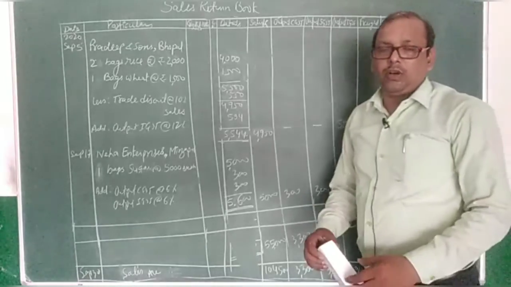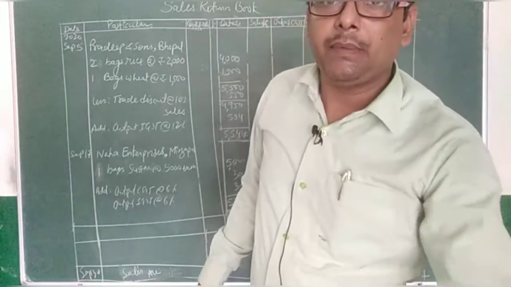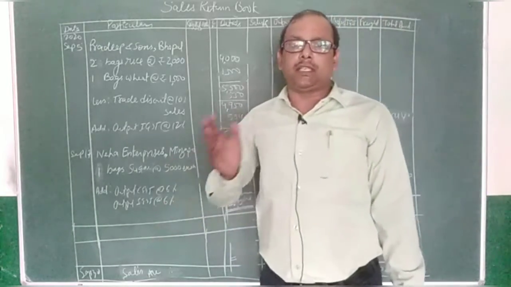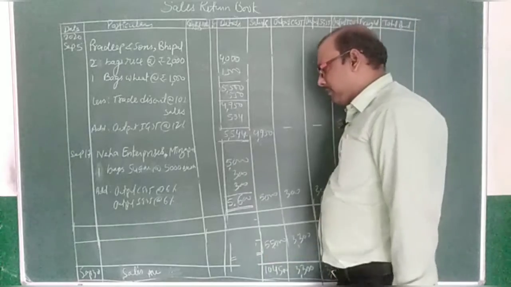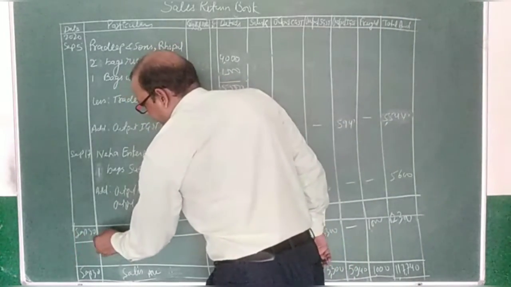And in the previous video also I have told you that if you have understood how to prepare the purchase book, then you can prepare all the books like purchase book, sales book, purchase return book, sales return book. So all the books you can prepare. See, the last day is September 30.